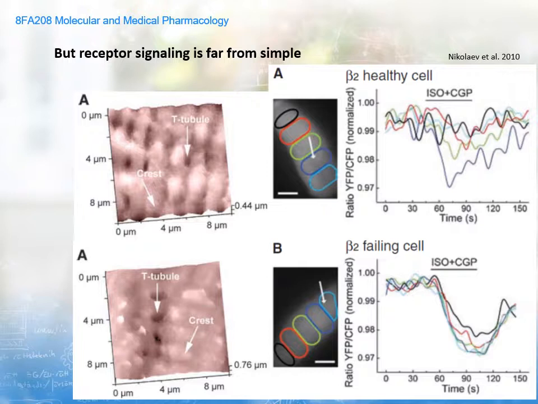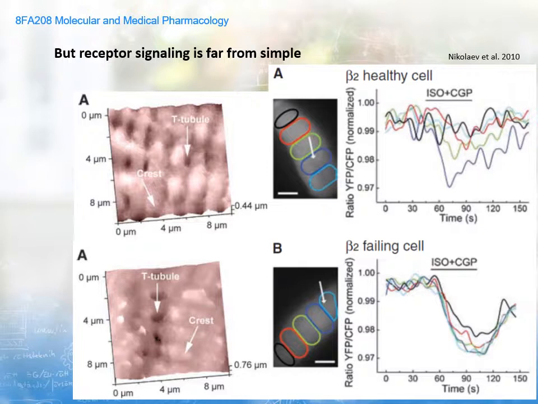Anyway, what I was saying is that receptor signaling is actually far from simple. So far I've given you a picture in which basically the activation or inactivation of beta-adrenergic receptors leads to different types of intracellular processes. I was saying, for example, that overstimulation with adrenaline or noradrenaline may lead to desensitization of the receptors.